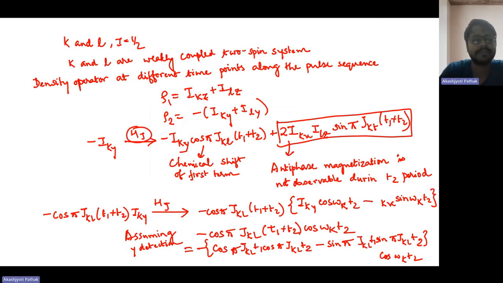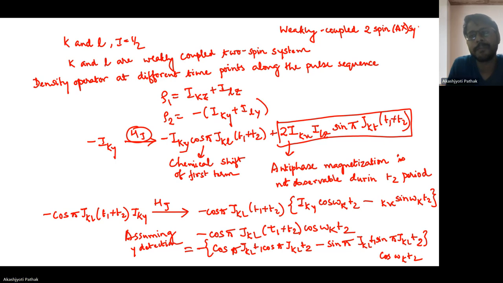And this derivation, these expressions, are explained for a weakly coupled two-spin linear system, both having I equal to half, and the two spins are K and L. Then we wrote the density operator terms at different time points along the pulse sequence.